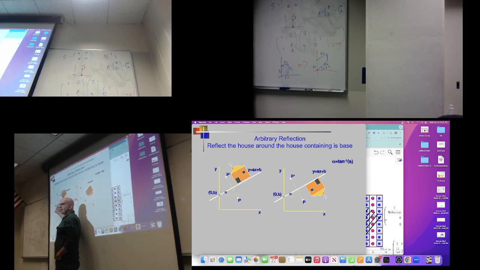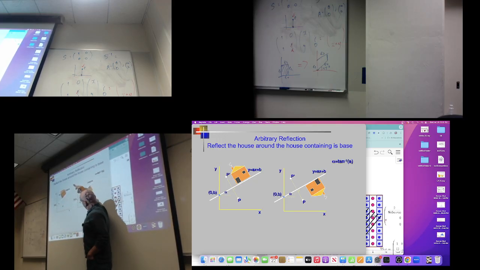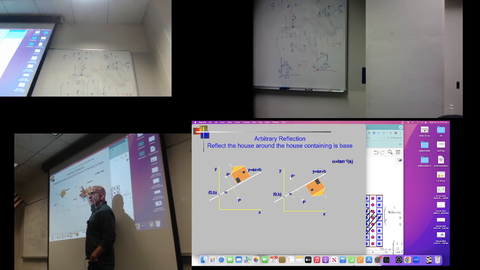I'll find its y-intercept, which is minus b, calculated based on the formula of the line. What next? Translate everything so that the house moves vertically down and the line intercept is now at 0, 0.